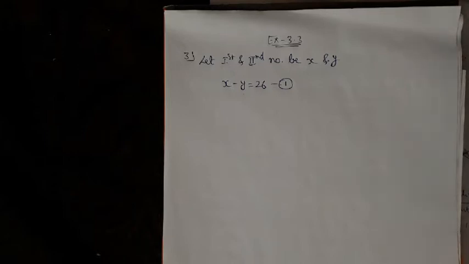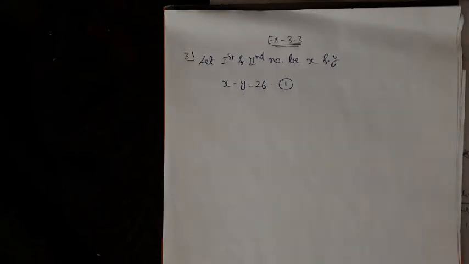In the question they have told that the difference between two numbers is 26, meaning there is a difference of 26 between two numbers. So we subtract these two numbers and it would be equal to 26. Now the second condition they have given: one number is 3 times the other number.